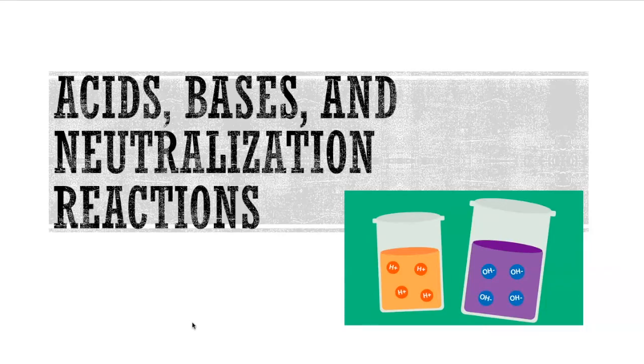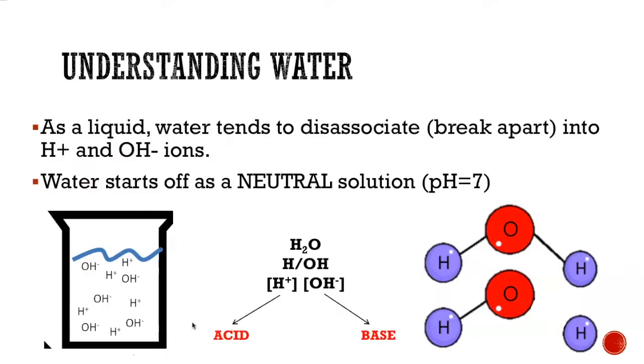We're going to be talking about acids, bases, and neutralization reactions. Before we go too far, we need to pause and understand water a little better. As a liquid, water tends to dissociate, meaning break apart into hydrogen ions and hydroxide ions, so H plus and OH negative.